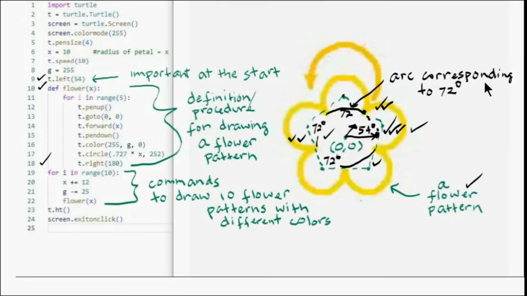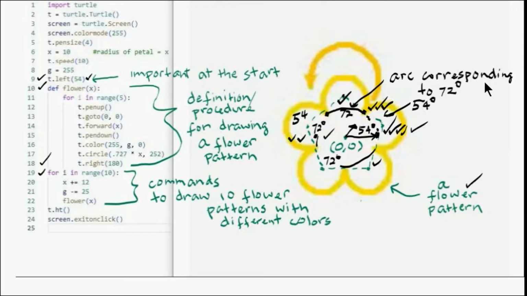If this one is 72 degrees, then from this point here up to this point here should be 54. In the same manner, from this point here up to this point here should be 54 also. That's the reason I have 54 degrees here. Okay, so after command number 9, I go to command number 19.